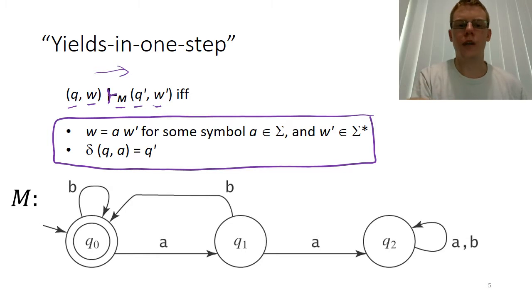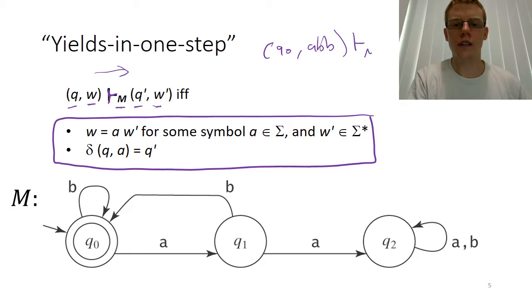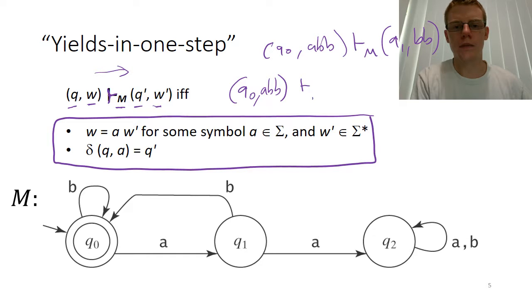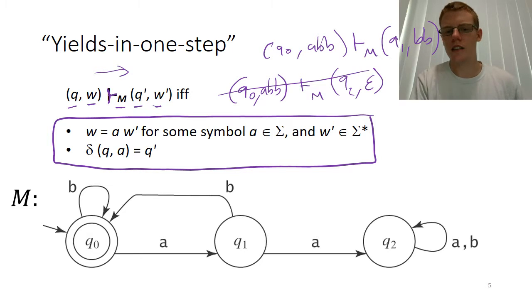So before we had the configuration Q0 ABB, we can say that that does yield in one step Q1 BB because we can follow that transition. But we won't say that Q0 ABB yields in one step, say, Q2 epsilon, because it clearly doesn't. There isn't one step that we can follow in this machine from this particular configuration to this one.